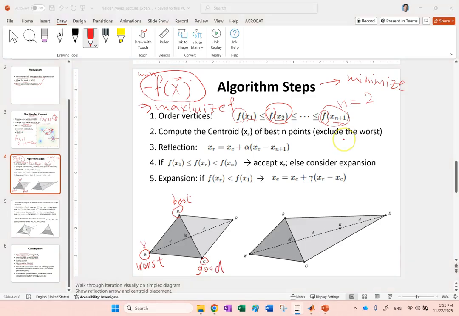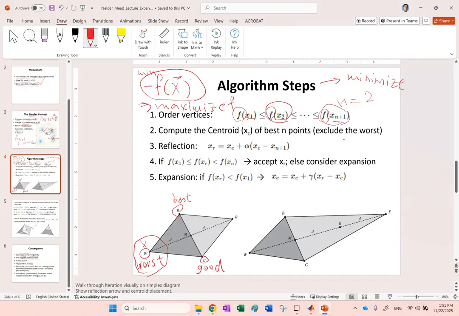Now, the first thing you do, you exclude the worst one, and you calculate the centroid of the rest of the points. In this case, we are showing it by m. So this m, or x of c in this formula, is the centroid for all points except for the worst one.